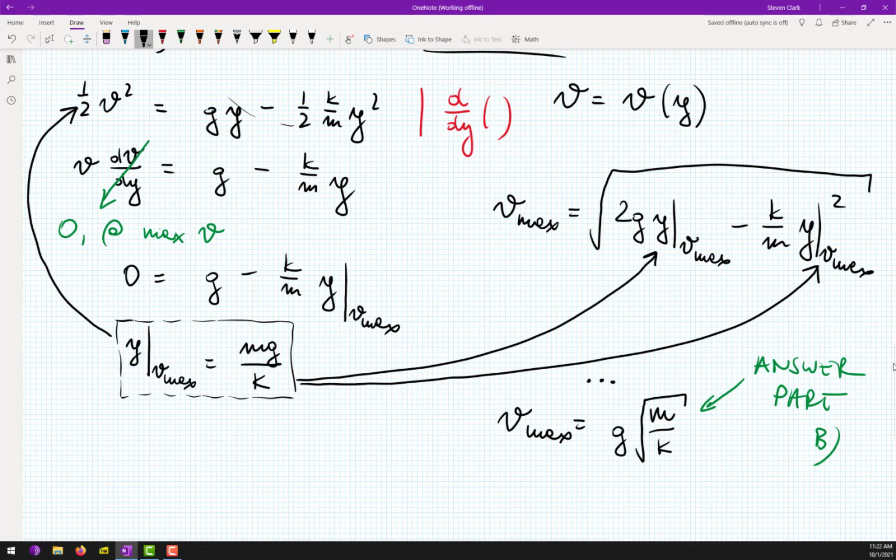Oh, here. You mean here? Yeah. Look, this green guy is here, and this orange one is here. So instead of y, I have y at Vmax. Okay. That was the question.